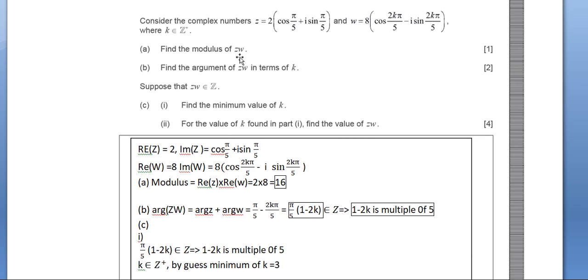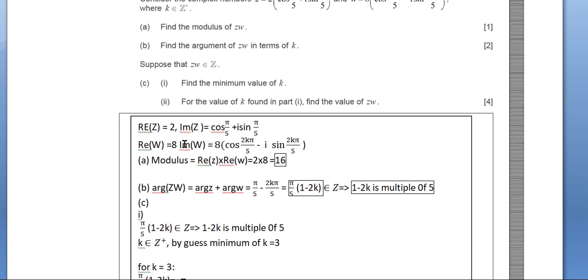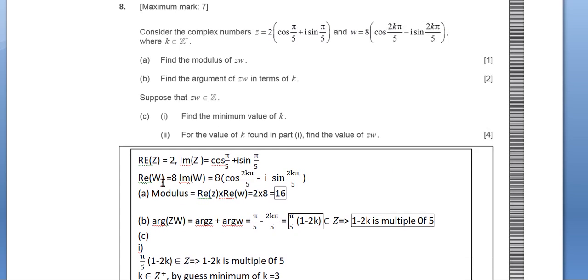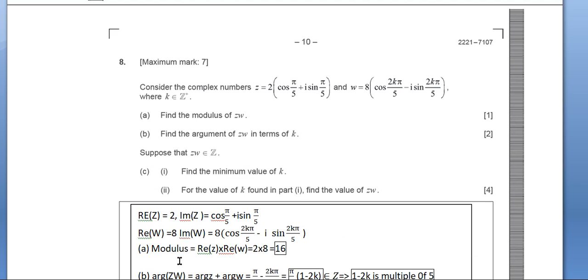First, let us find the modulus. We have the real part and the imaginary part.